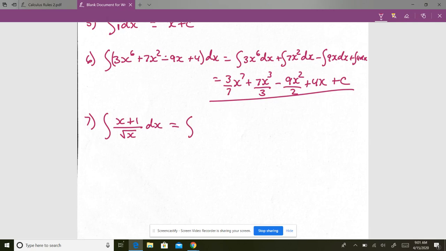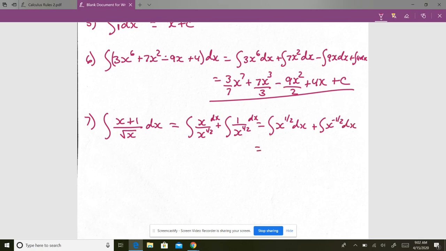So I can rewrite it as x over x to the 1/2 plus 1 over x to the 1/2, which this first one simplifies to x to the 1/2, and I should have had a dx there, and a dx there, plus, flip that up, x to the negative 1/2.